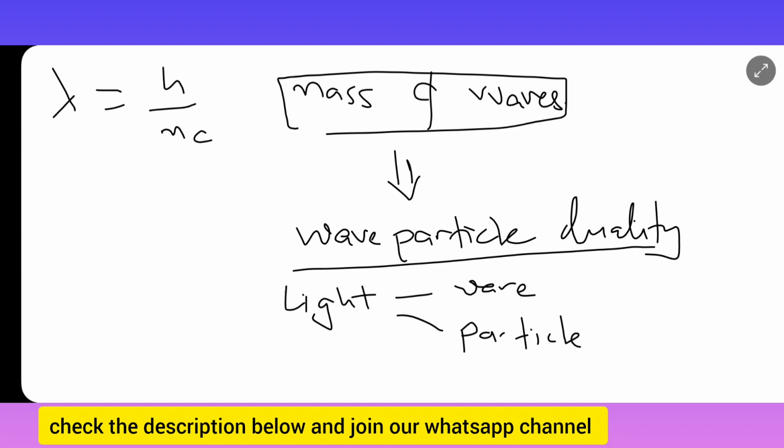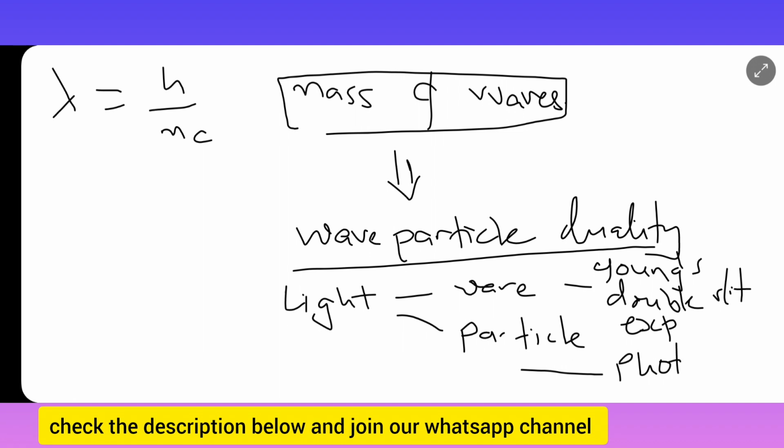The wave nature of light was demonstrated by the Young's double slit experiment, while the particle nature of light was demonstrated by the photoelectric effect.